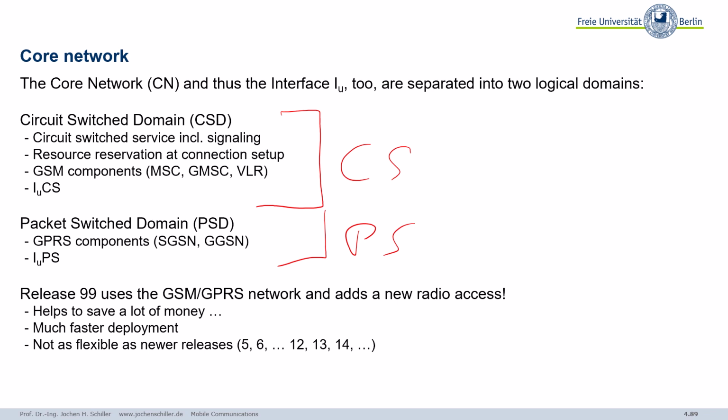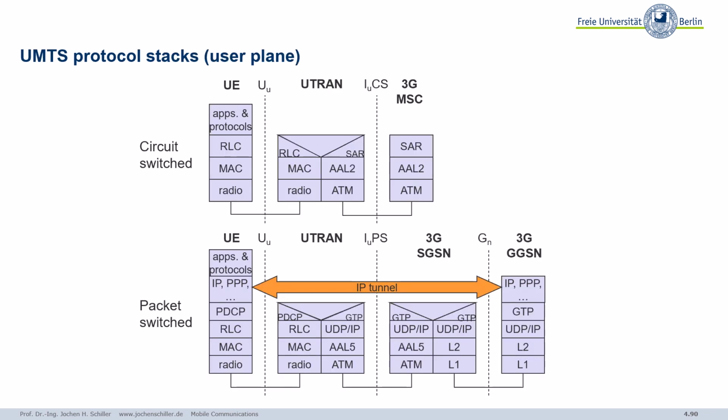Those two domains, the packet switched and the circuit switched, are also reflected in the protocols. The circuit switched domain uses classical protocols like, for example, ATM adaptation layer 2. This is a classical telco technology for transmitting so-called cells of 53 bytes.